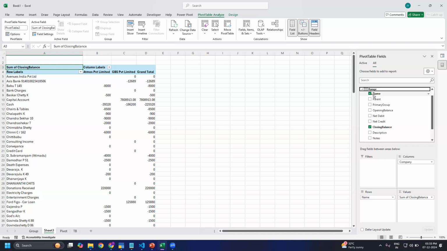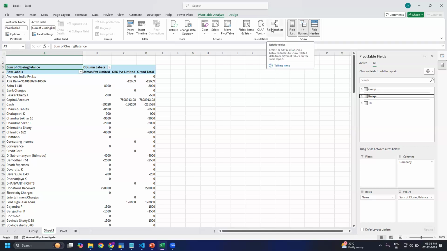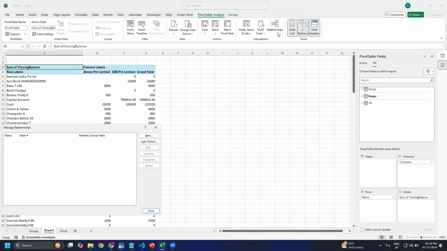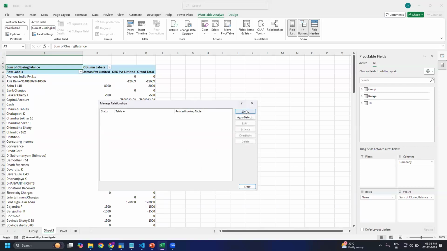Here, in this range, we have one tab called pivot table analyze. And here is one option called relationships. And we have to click on this. Here a new window will pop up.